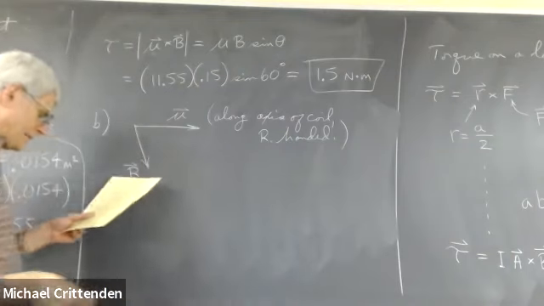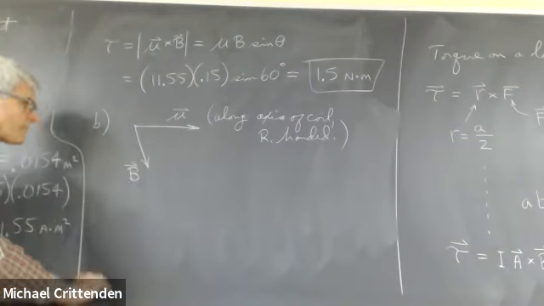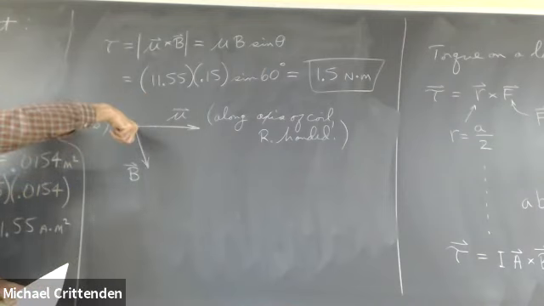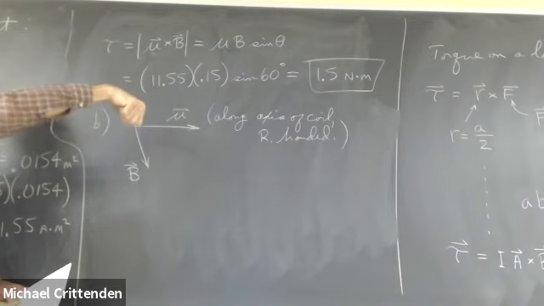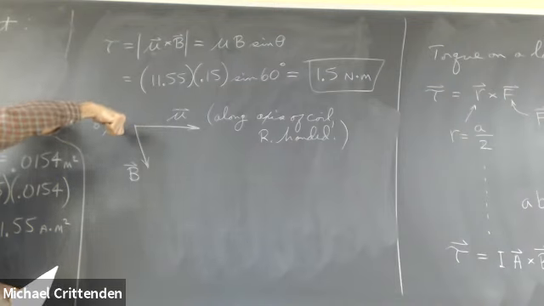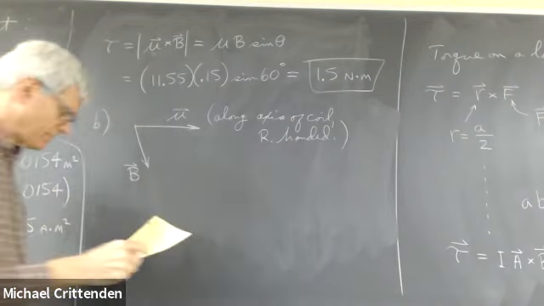B is like that. So, mu cross B, get your right hand out, mu cross B points into the blackboard in the negative Z direction.